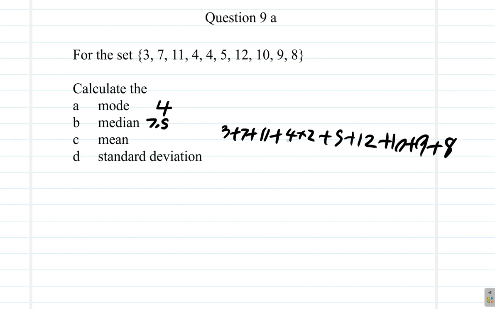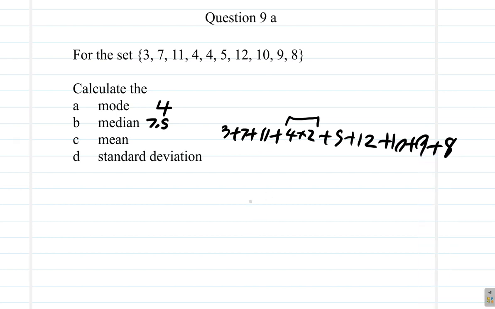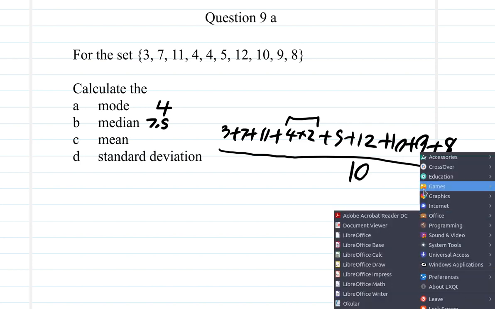We say 4 by 2 here because there were 2 of the same numbers. But anyway, this will be divided by how many numbers were here again? There were 1, 2, 3, 4, 5, 6, 7, 8, 9, 10 numbers. So it will be divided by 10. So we add them up and divide by 10.